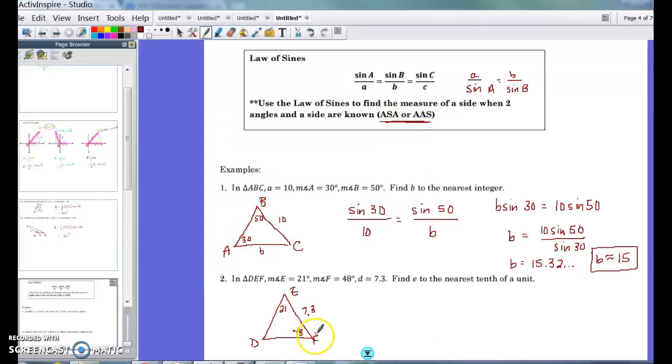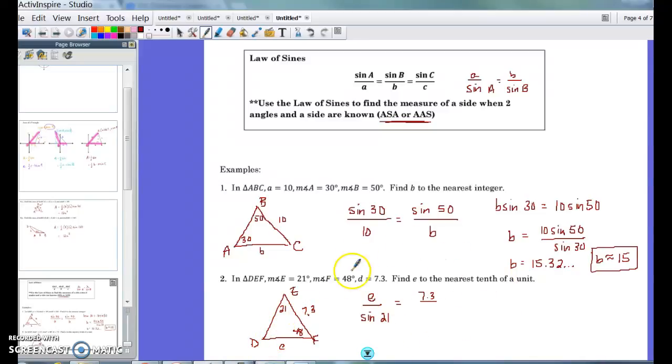Okay, so now I'm going to find e. This is what I'm trying to find. So I'll flip it around this time. So if I do e over the sine of 21 is equal to 7.3 over... Now what happens here, I don't have the angle that's opposite that side, right?